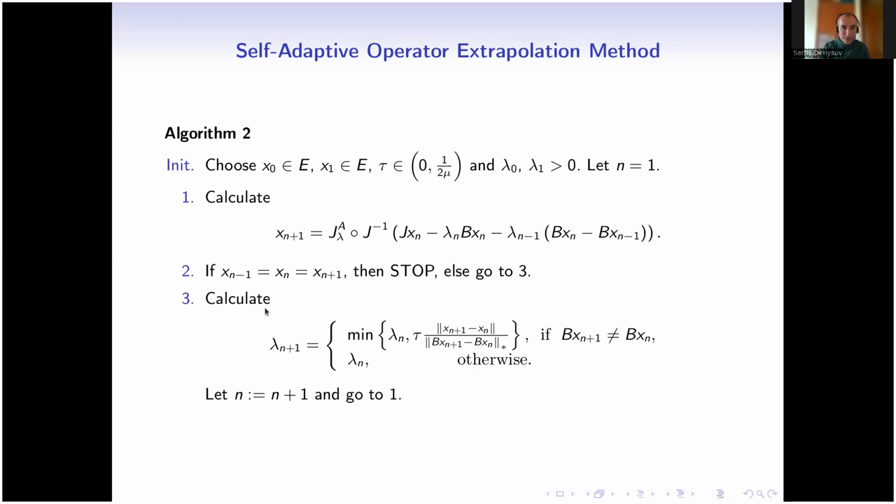We use this substep 3, where we recalculate our lambda if needed. You can notice that actually this recalculation does not require extra calculations of B, because we reuse already calculated values. So this algorithm also requires only one resolvent and one B calculation. Again, Bx_{n-1} is calculated not on previous step.